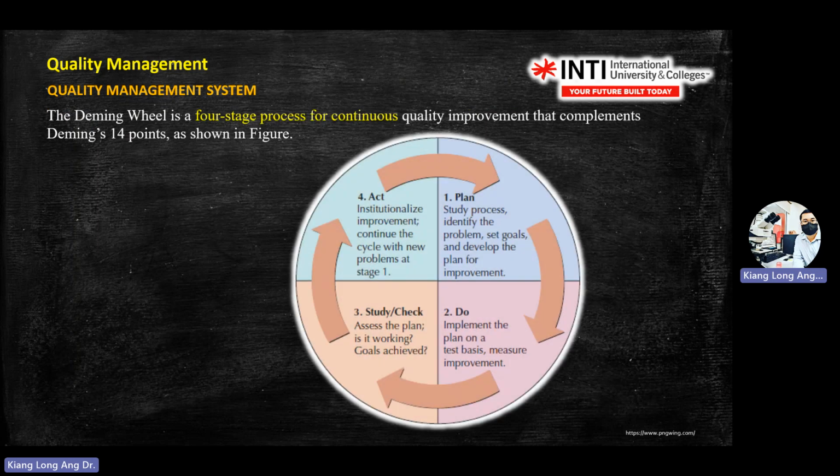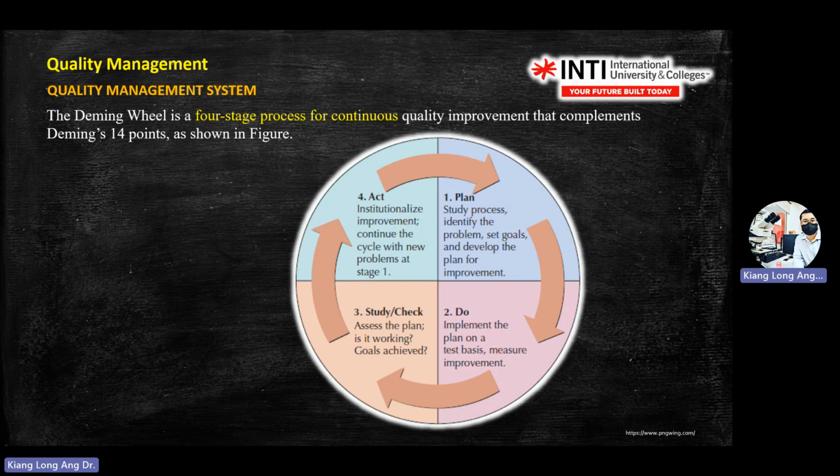Okay, so these are the 4 stages, and if you do an internship, you will be in the QA department. The Deming wheel is very famous for the QA system or quality control system. You have PDSA: plan, do, study, or check, and act. This cycle is very important when you study quality management.